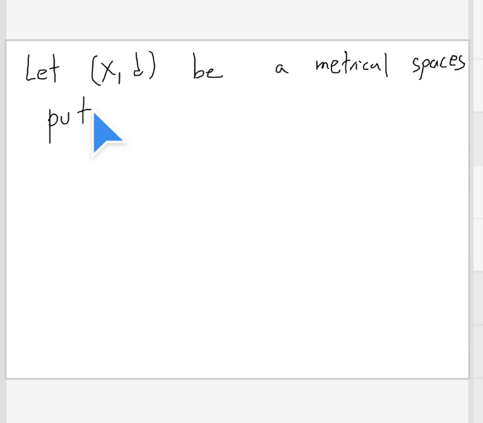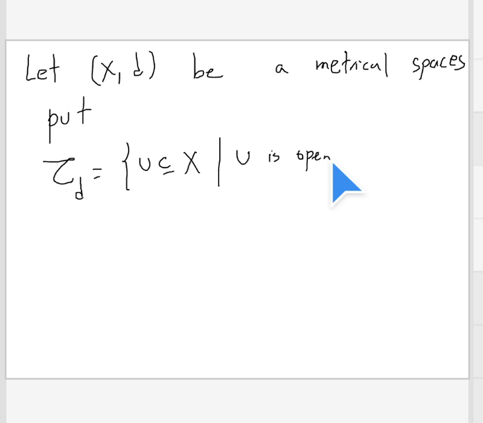Put tau, the topology induced by the metric, defined as the set of U subset of X such that U is open in (X, d).